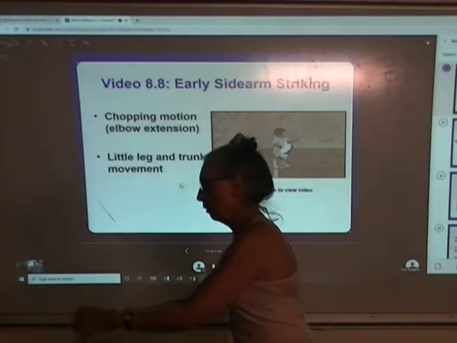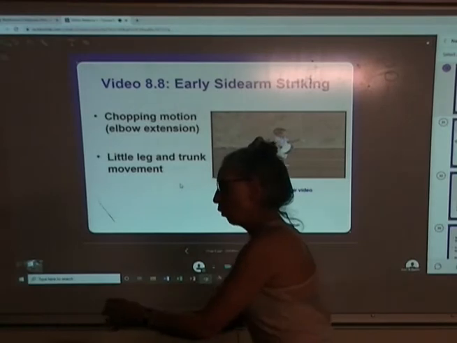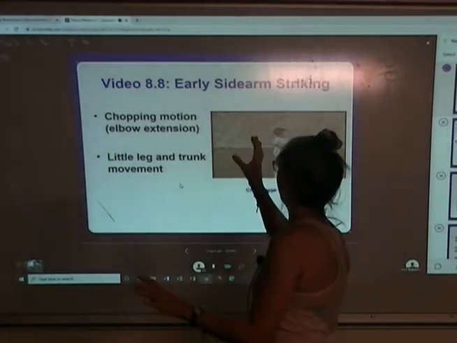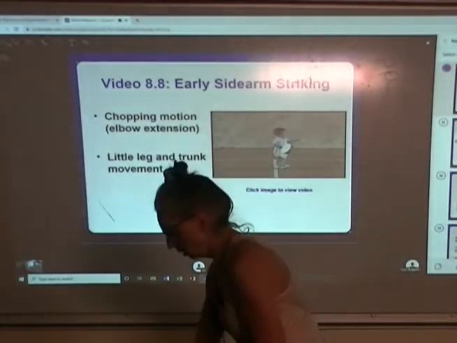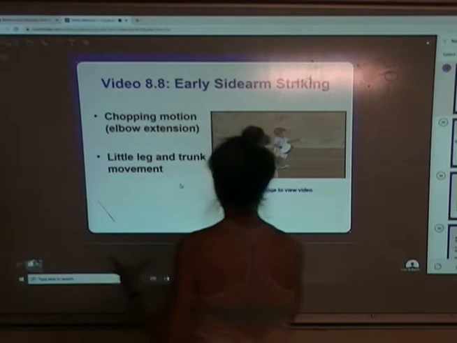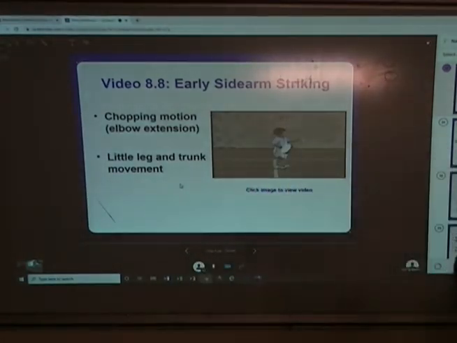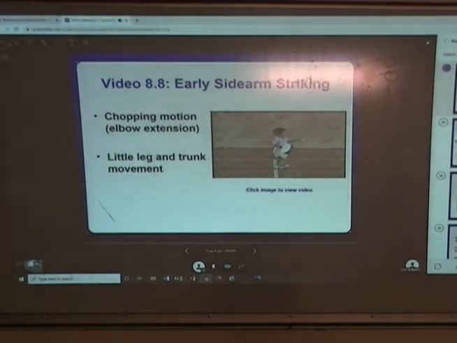But if I put the ball on the cone and tell them to hit the ball, if they're really beginners, then you'll see them do this rather than this on the ball. And we don't see trunk or foot movement. So it's very similar to the first stages of throwing.